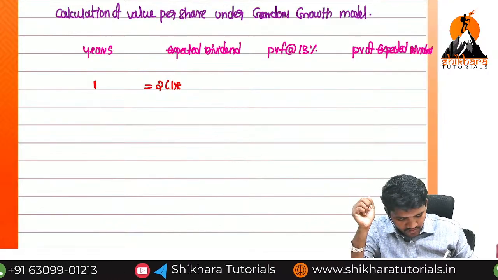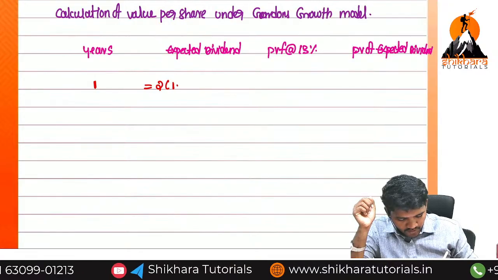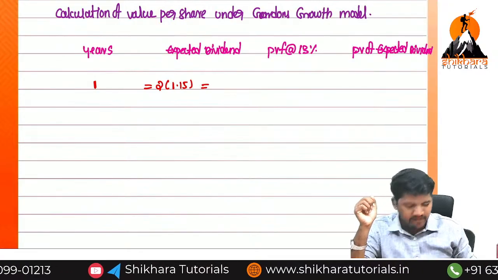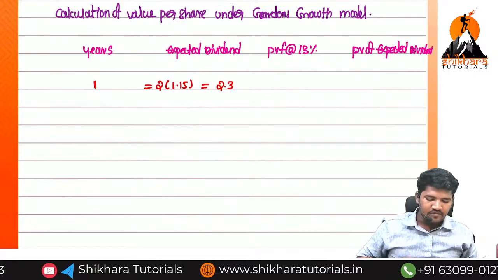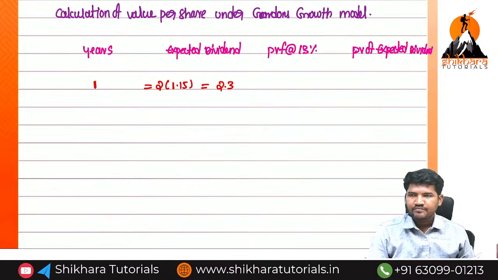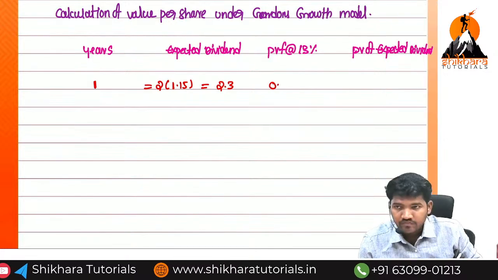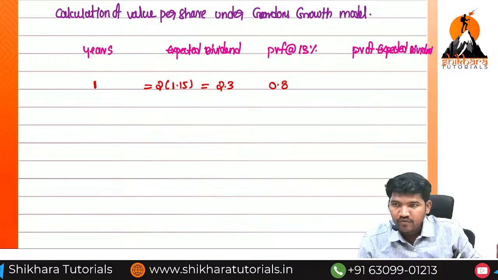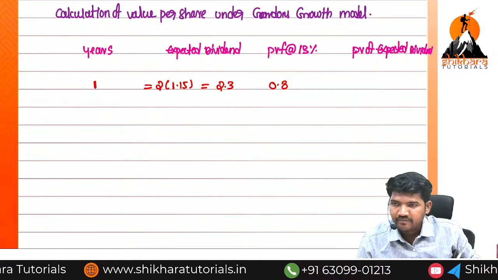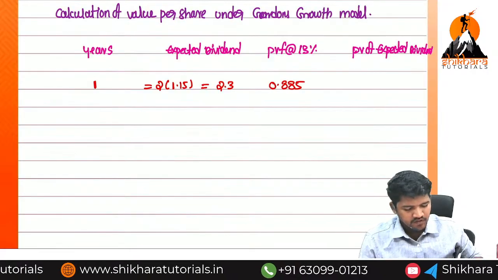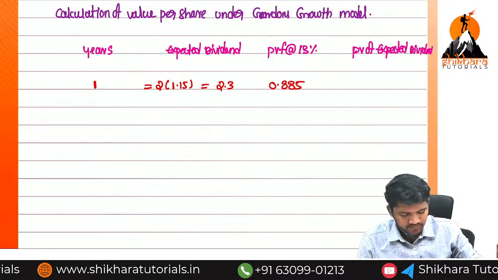So 1.15. Now what is the expected dividend? 2.3. Now please tell me the present value factor at the rate of 13%. 0.885. Now the present value of expected dividend.